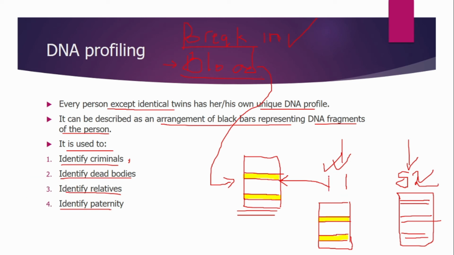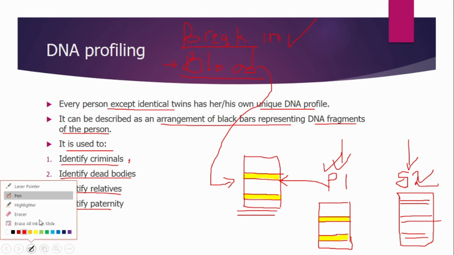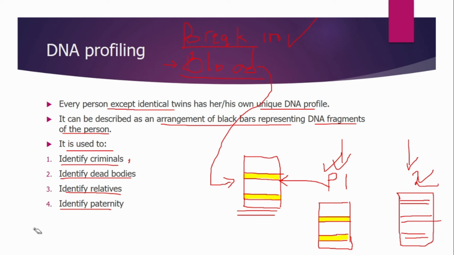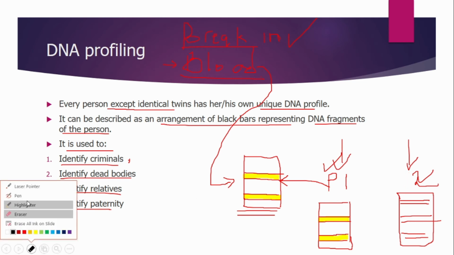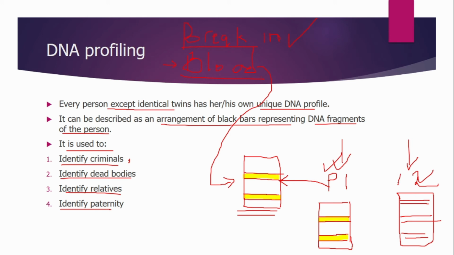It's going to be parent number one, father one, and parent number two. And this one is now going to be the DNA profile of a child. And then in this case, it's for parent number one and parent number two.